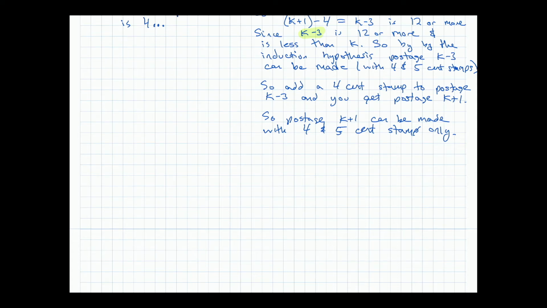Once you've done the basis and the induction, you can just write your conclusion and you'll be done. Conclusion: all postages 12 or more can be made with 4 and 5-cent stamps.